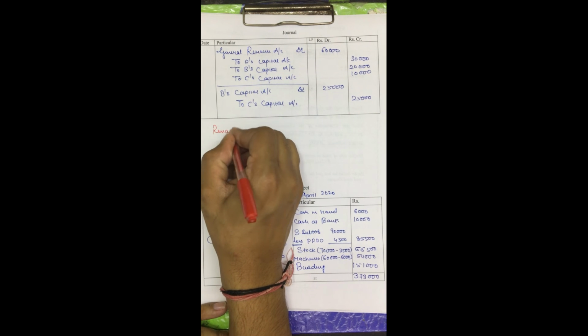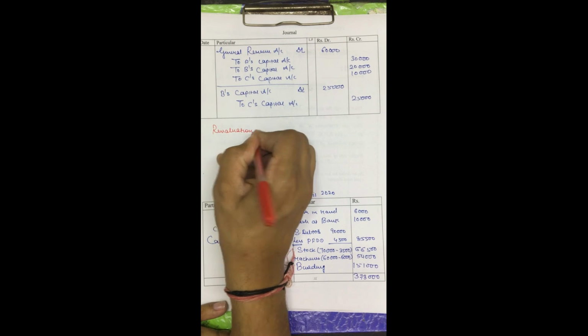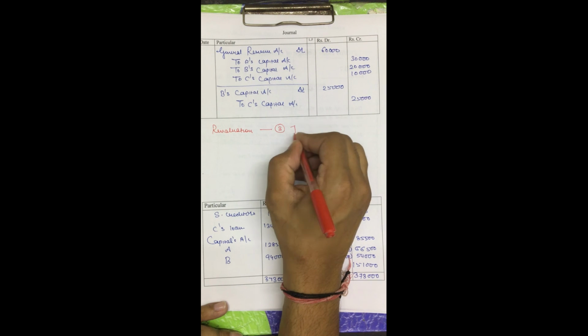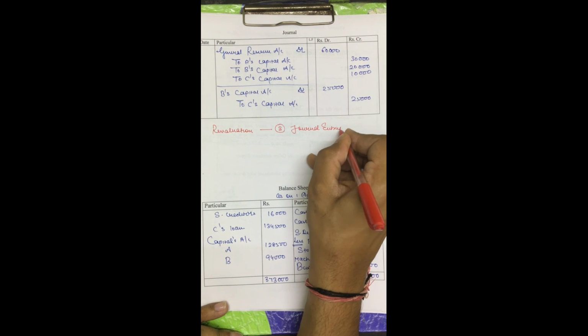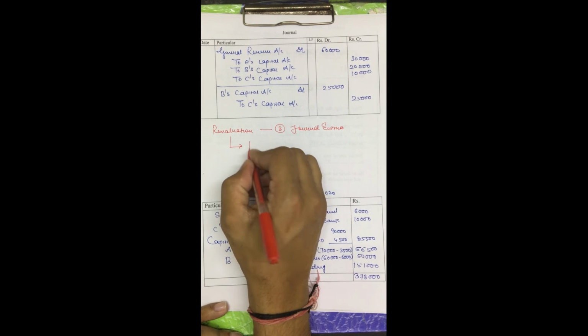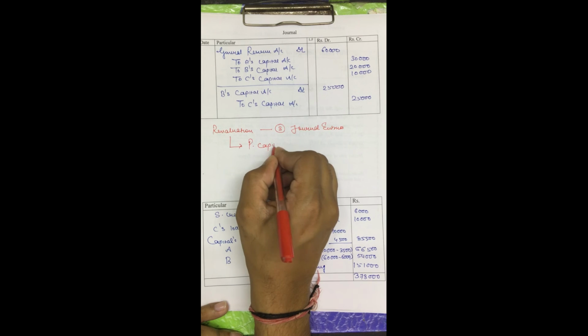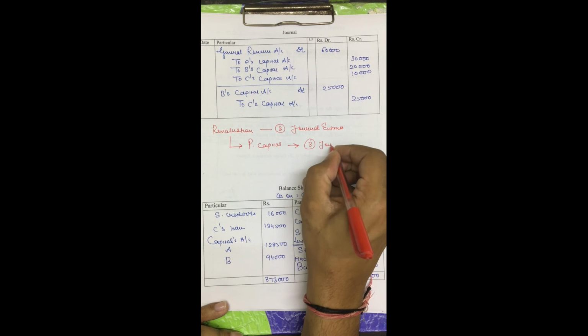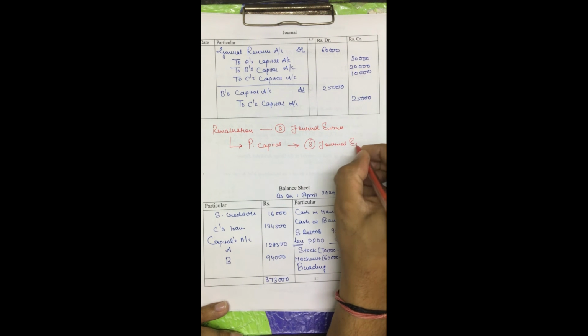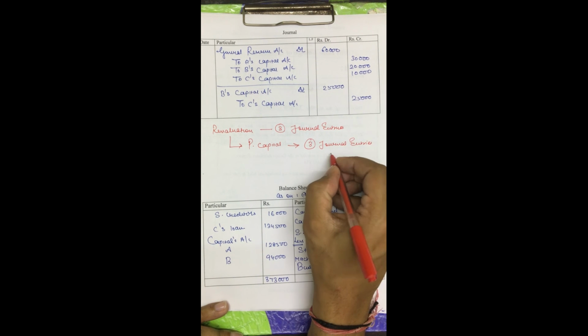So again, I'm just giving you the process: firstly prepare the revaluation account. From here we will get three journal entries. Then the partners' capital account, from where we will get three journal entries.